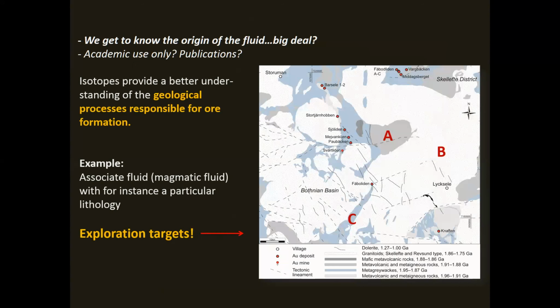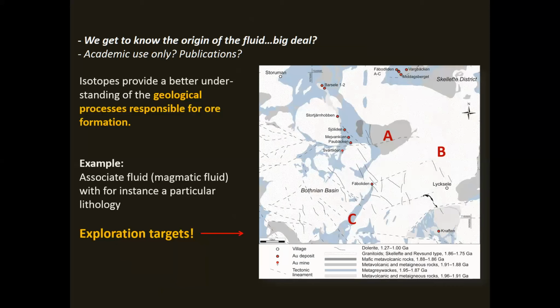What I would argue, and I would say that the mining industry is typically less interested in working with isotope geochemistry in mineral exploration. But I would argue that we understand the geological processes that are responsible for the mineralization at these different deposits in a better way working with isotope data.